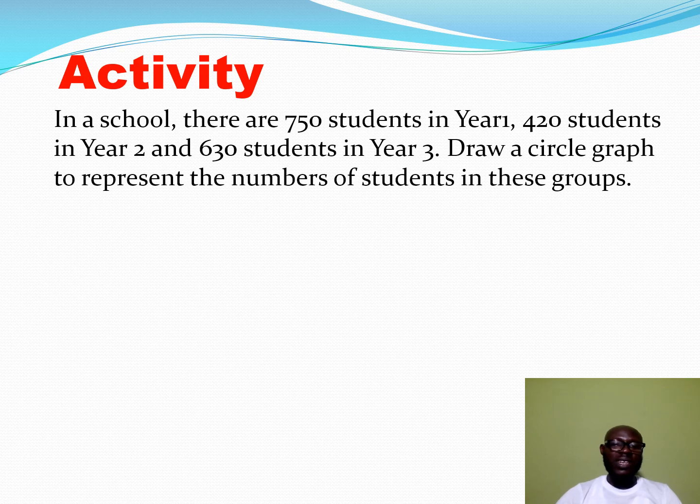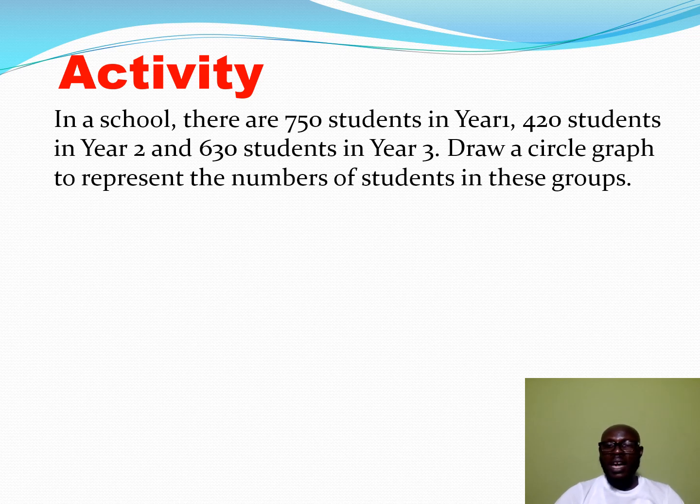Activity number 1. It says in a school there are 750 students in year 1, 420 students in year 2 and 630 students in year 3. Draw a circle diagram to represent the numbers of students in this group. So we have to come up with a circle diagram or a circle graph. When we say a circle graph, we are talking about a pie chart.